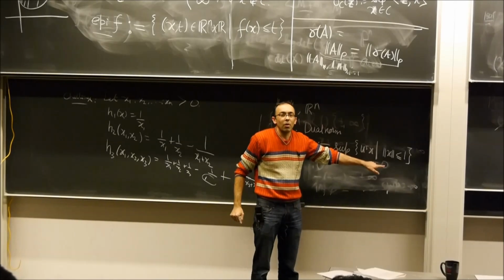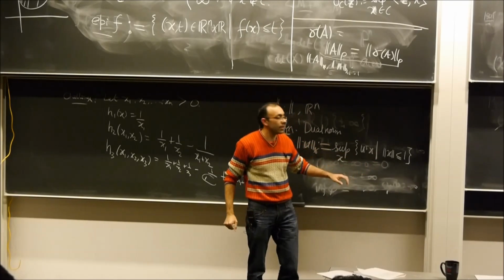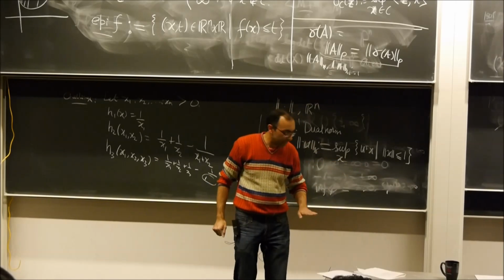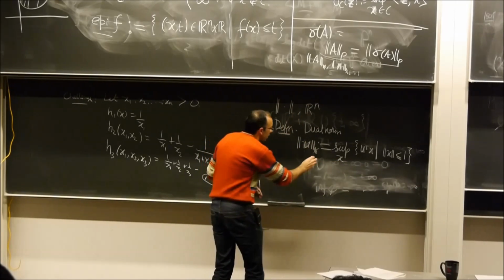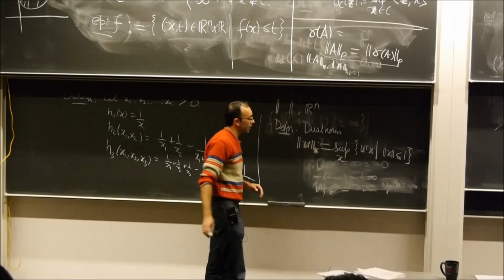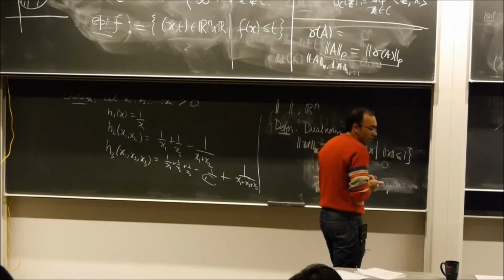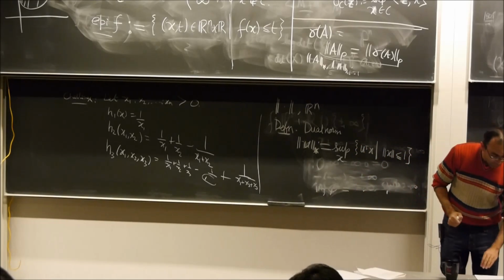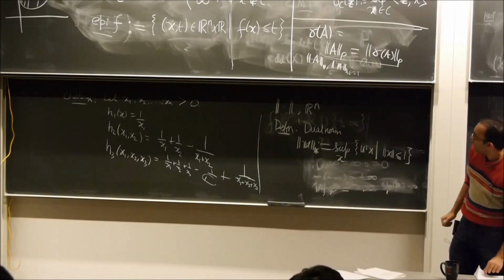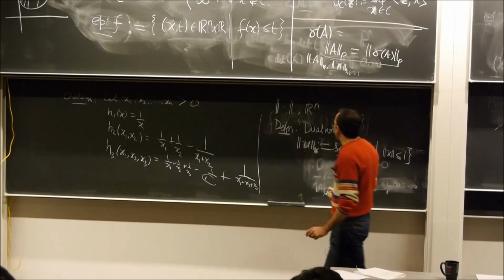That's a compact set, so the supremum is actually attained. This is an asterisk, sorry, bad handwriting. That's called the dual norm, and by its definition, it proves quite handy.